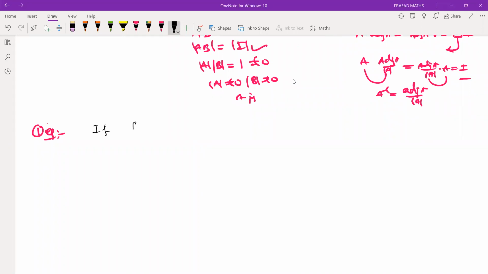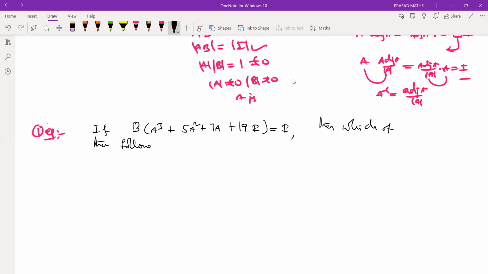Suppose B into A cube plus 5A square plus 7A plus 19I is equal to I, the identity matrix. Then which of the following is true? First one, B is non-singular.